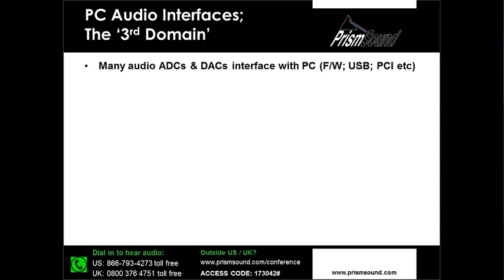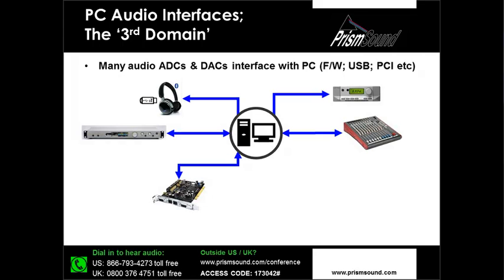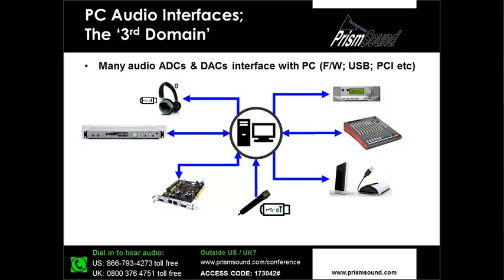One other important issue that I briefly mentioned earlier is many audio converter devices today interface with a PC in some way, shape or form. So here are a number of different audio devices that feature A to D and D to A converters and transact digital audio with a host PC via some form of interface, be it Firewire, USB, PCI, or any other form of interface that can move digital audio between your audio device and your host computer.